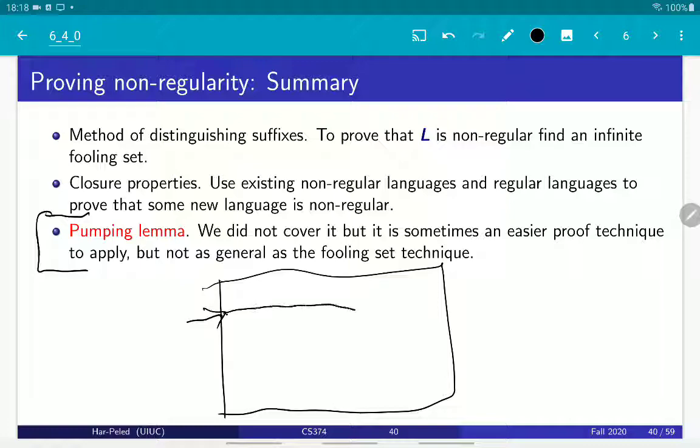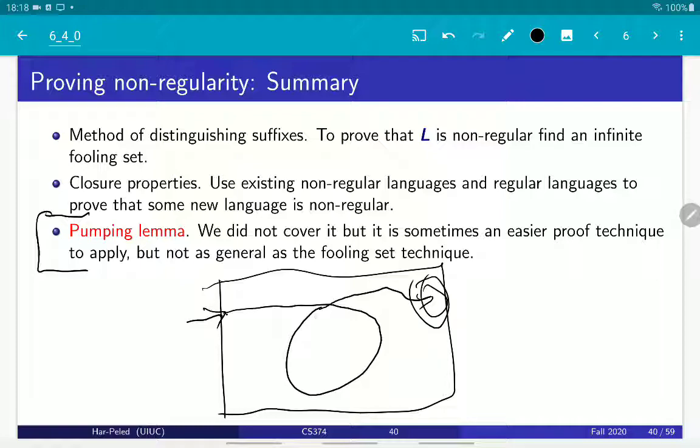If the language has arbitrarily long strings, then when you apply an arbitrarily long string to the automaton, there must be a loop, because the number of states in the automaton is finite. So you get a path in the automaton to the accepting state of the string, which has a loop.